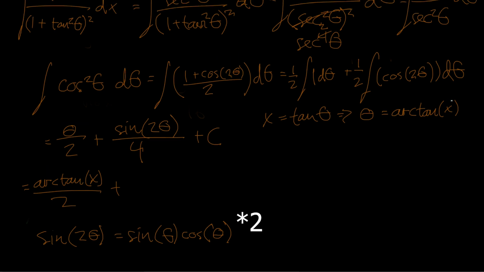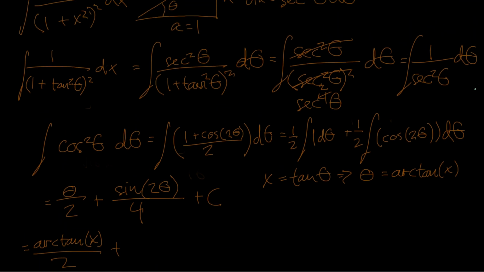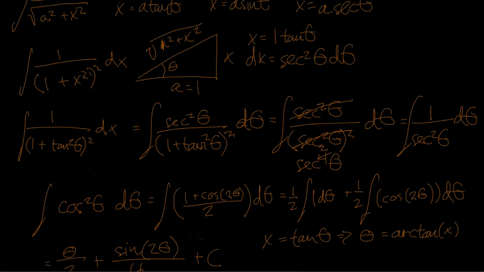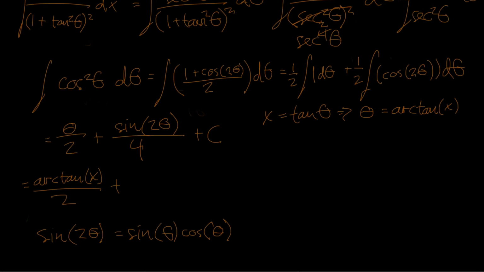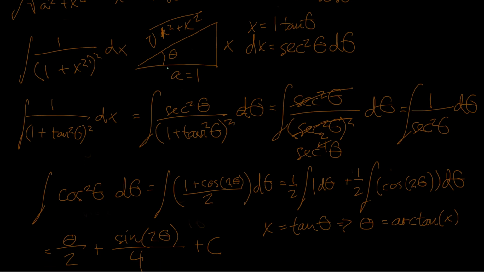So the sine of theta, if we go back up to our triangle up here, is going to be equal to opposite over hypotenuse, or x over the square root of 1 squared plus x squared, which is just 1 plus x squared. And our cosine theta is going to be equal to the adjacent, or 1 over the hypotenuse, which is the square root of 1 plus x squared.